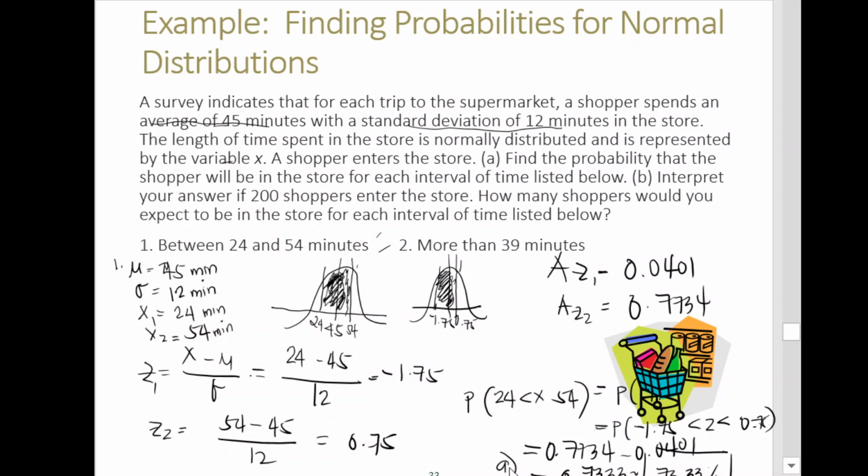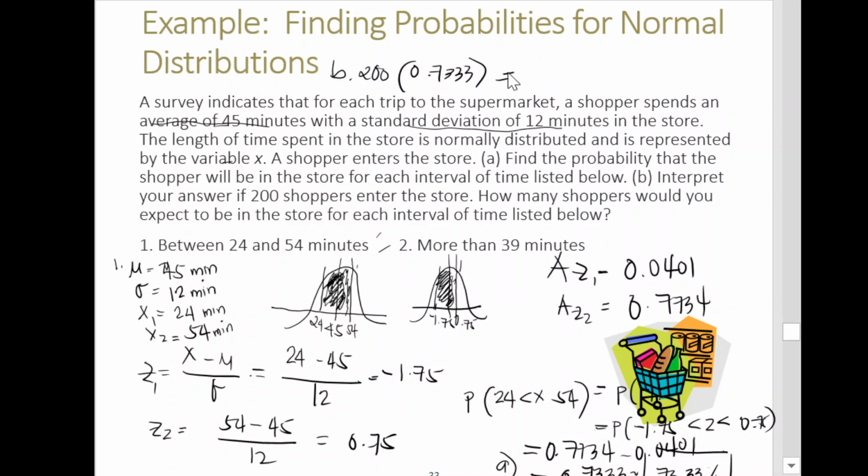Okay? Problema, may tanong pa siya for letter B. Interpret your answer if 200 shoppers enter the store. Okay? So, if in case daw 200 shoppers yung nag-enter ng store, ang gagawin ko, dito ko na ilalagay guys yung B, hindi na kasha. I multiply ko yung nakuha kong probability dun sa ilang shopper yung pumasok. So, that's 200 multiplied by 0.7333.